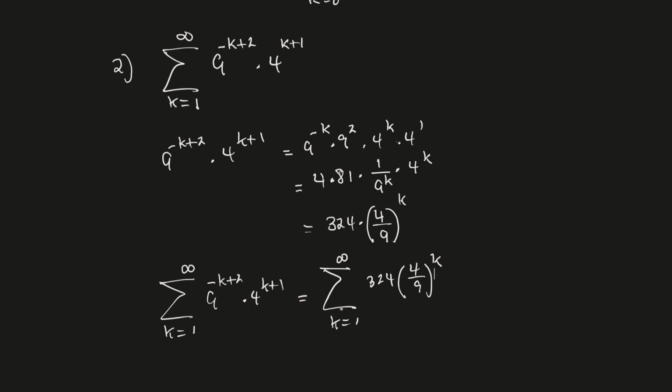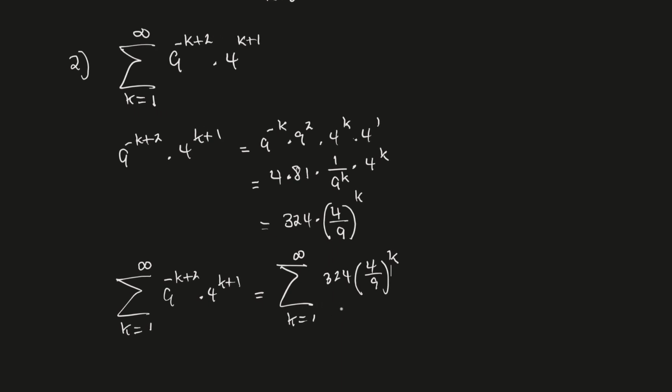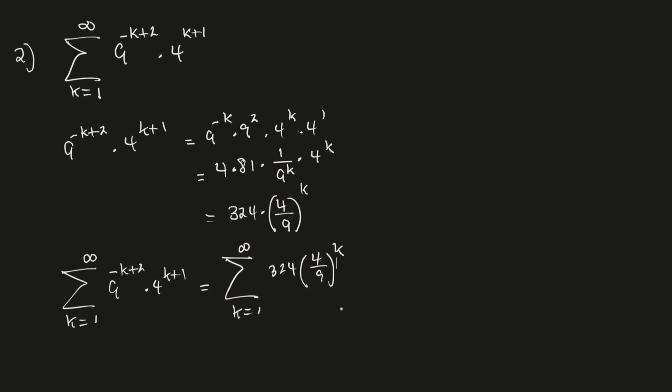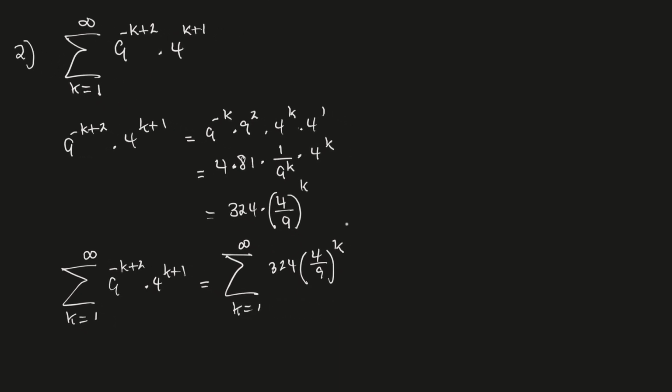And this is where it's helpful to write out those first terms. So if I now write this in the expanded form, when k is equal to 1, I'll have 324 times 4 over 9.